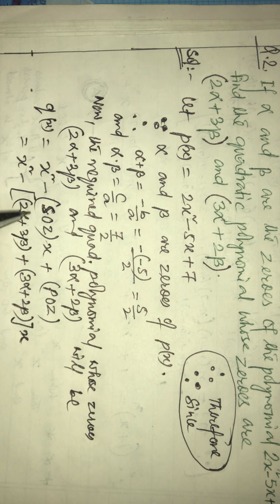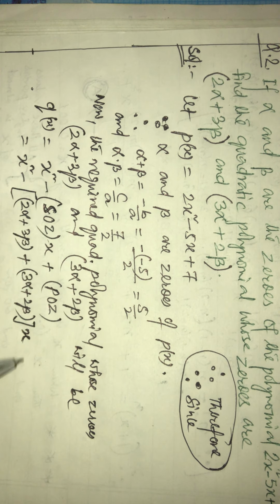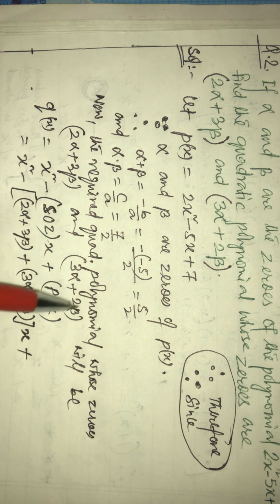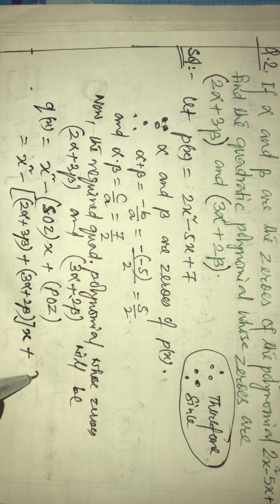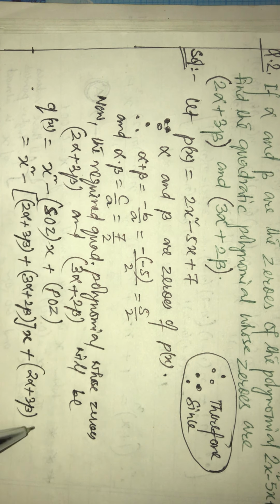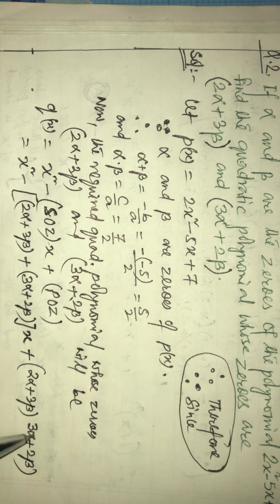So now we can say this is the sum of the two zeros. Plus the product of zeros, we will multiply this bracket and this bracket, one zero and another zero, so 2 alpha plus 3 beta and 3 alpha plus 2 beta.